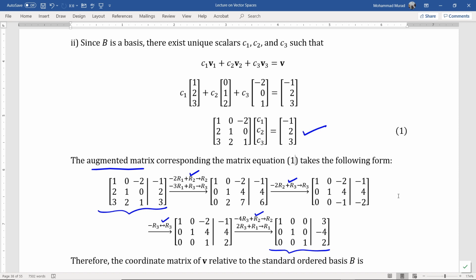Here we identify the pivots. This shows the values of c₁ equals 3, c₂ equals -4, and c₃ equals 2.